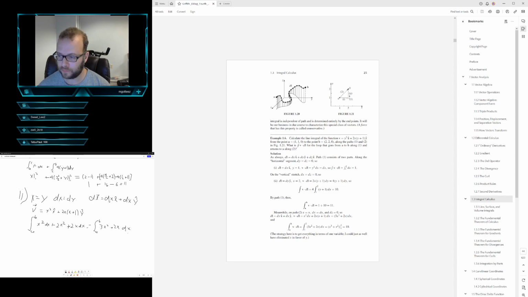So that is simply the integral from 1 to 2, actually evaluated from 1 to 2. So that's simply x cubed plus x squared from 1 to 2.